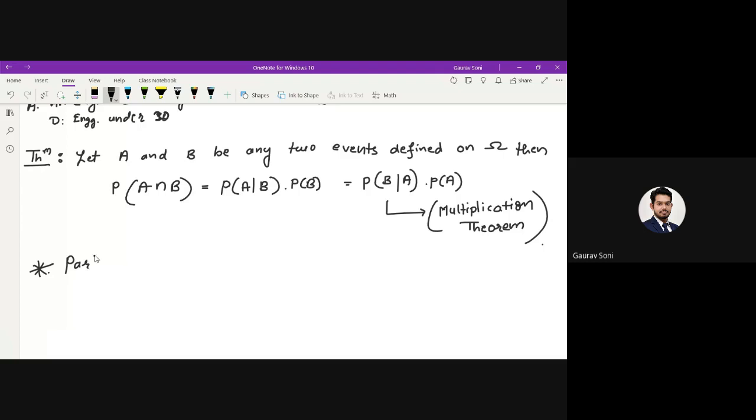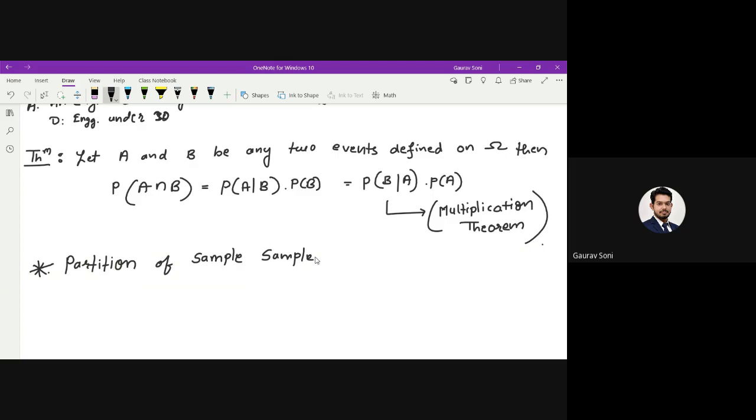Now we are heading towards the Bayes theorem, which is a very important part. But first of all, we'll see what a partition of sample space is. We have seen partition, I guess. In your discrete mathematics course, you may have seen partition. What is partition? Partition of a set.